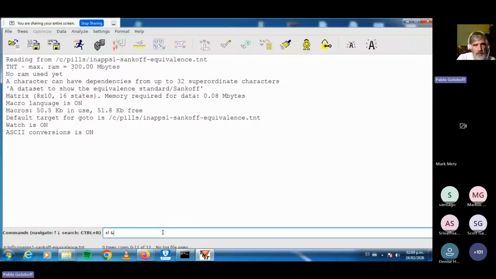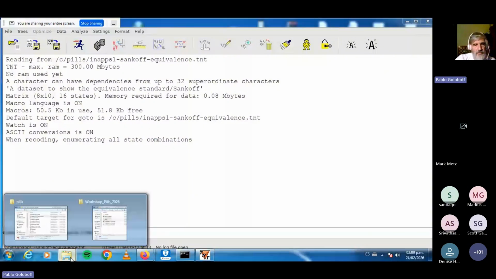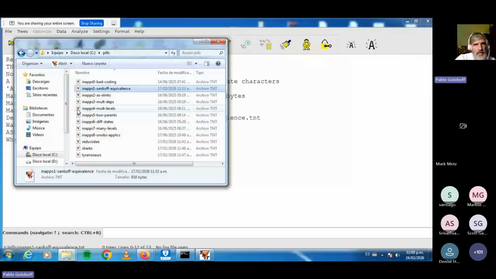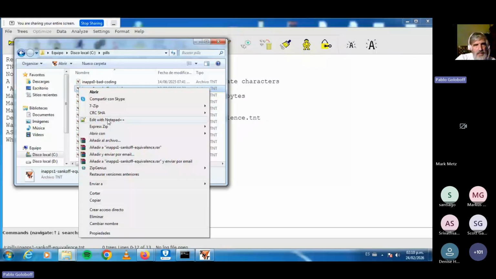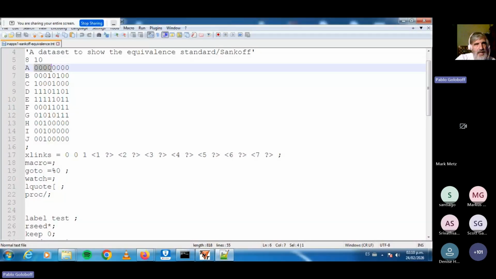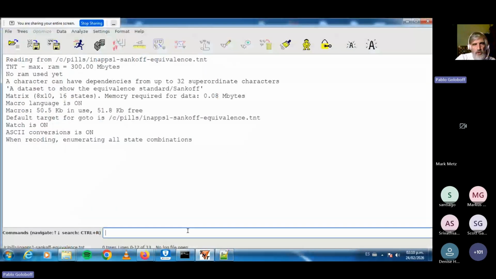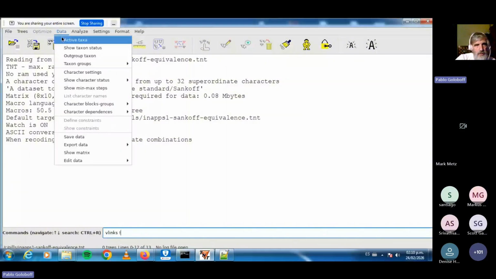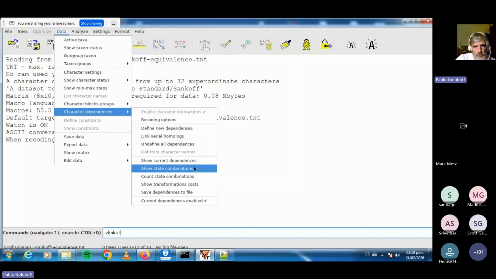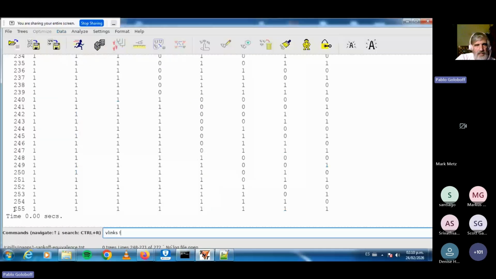Anyone want to venture an answer? Didn't hear that? Let's look at the matrix again. The characters are binary, and you have 8 binary characters. So if you ask TNT to show you the character state combinations, show state combinations, that's 256.